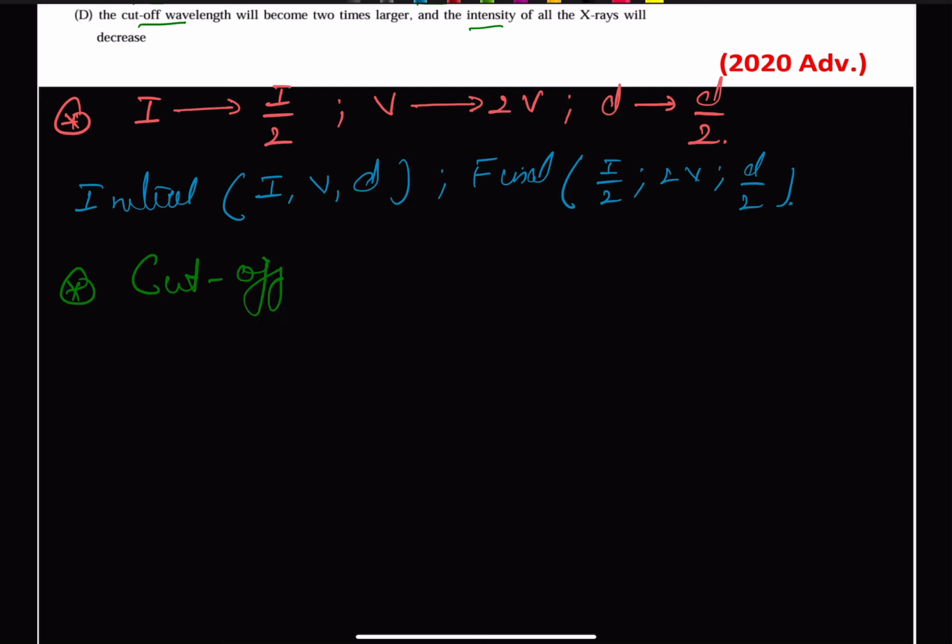So cutoff is nothing but our minimum wavelength. In this case, for X-ray there is a law which is called the Duane Hunt law.